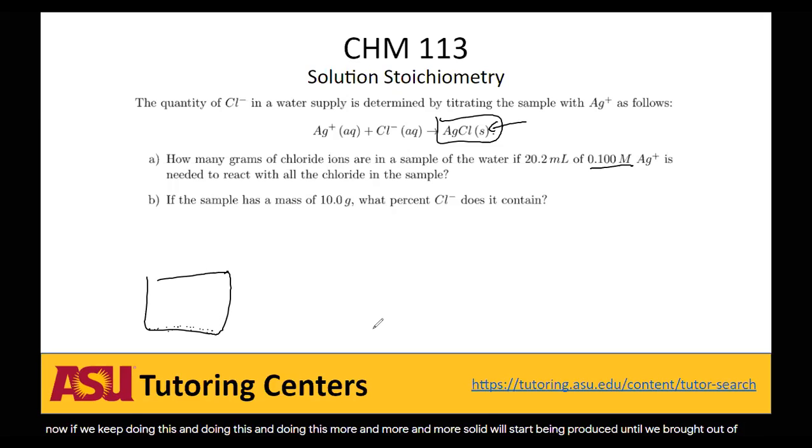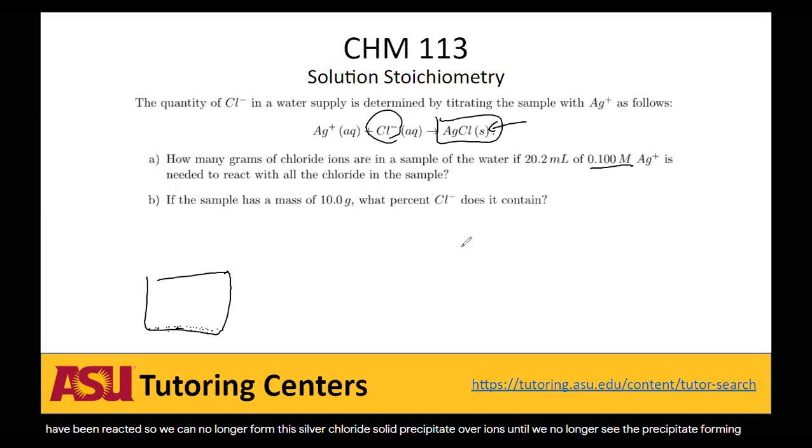Once we run out of chloride ions, the amount of solid down here is not going to change, because all of the chloride will have been reacted, so we can no longer form this silver chloride solid precipitate. So the idea is keep adding silver ions until we no longer see the precipitate forming.